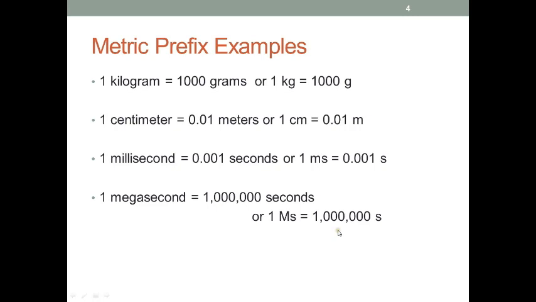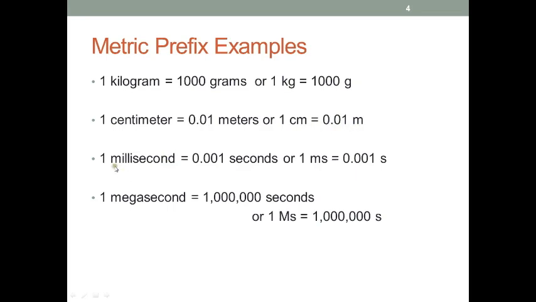Here are some additional examples. The previous slide we did everything in terms of meters, but we could do it equivalently with grams or seconds. So 1 kilogram, which is our basic unit, equals 1,000 grams, or you can write it with the abbreviation 1 kg equals 1,000 g. 1 centimeter is 0.01 meters, or with the abbreviation, 1 cm equals 0.01 m.